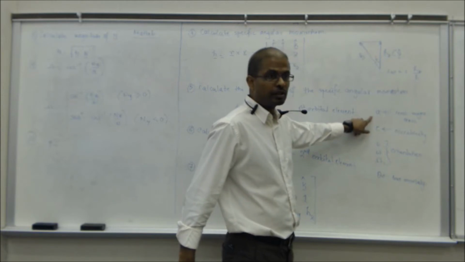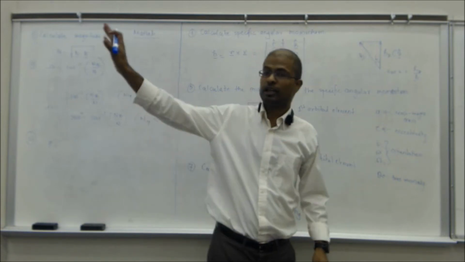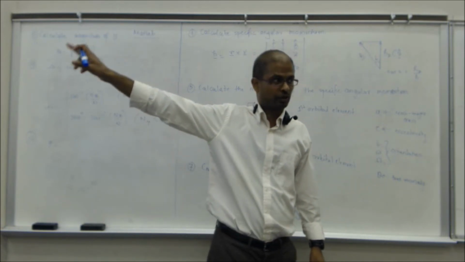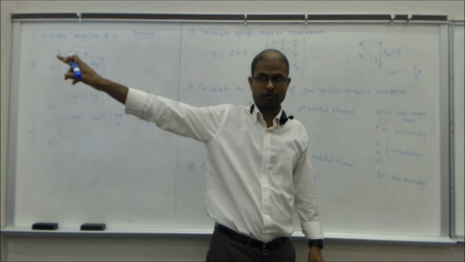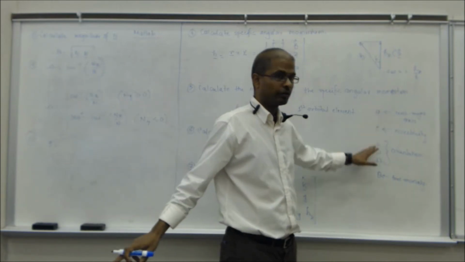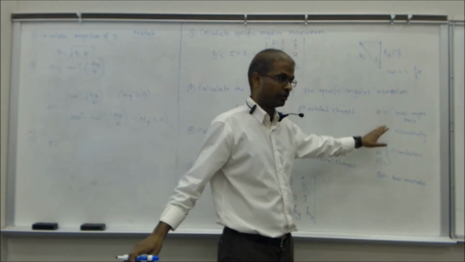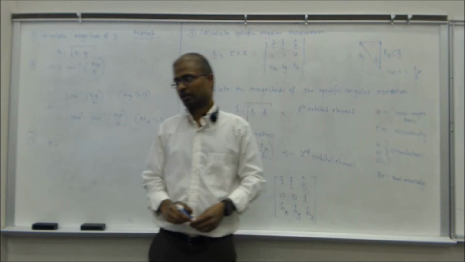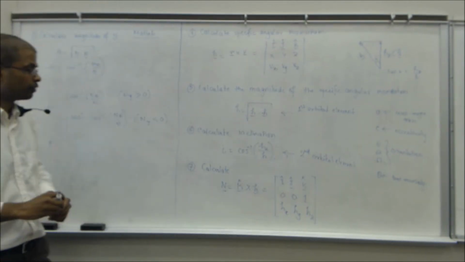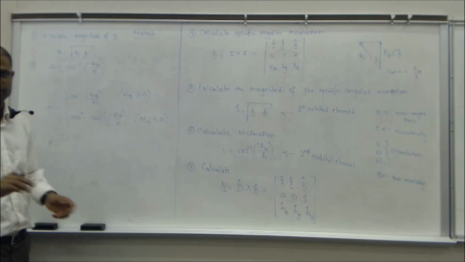This was discussed in very much detail, all of these, last class. Entire class was spent on discussing the orbital elements on Monday. So you should be aware of how many orbital elements are there. Okay. So it's really inexcusable if you ask me how many orbital elements are there.